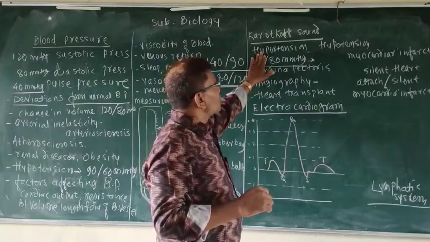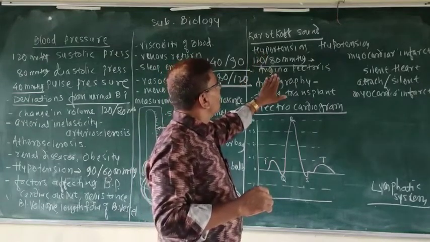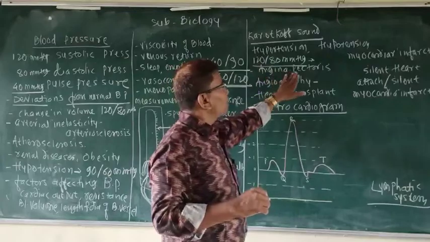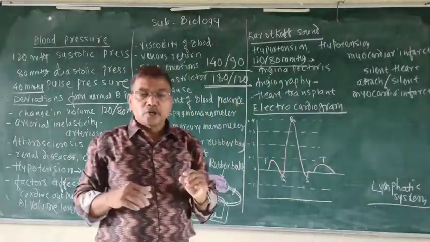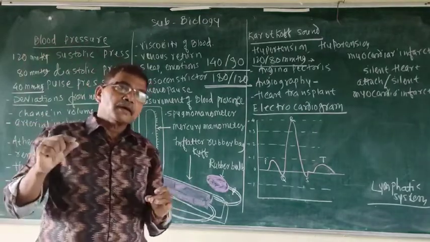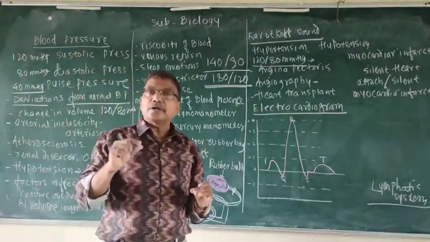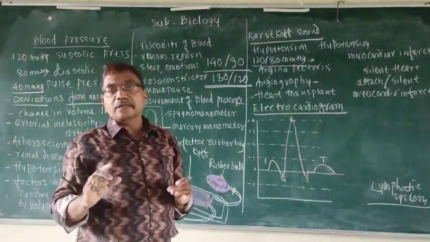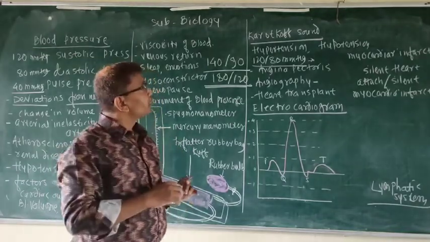This is related to angina pectoris. What happens? There is a clot in the blood vessel which carries blood to the wall of the heart, that is the coronary artery.